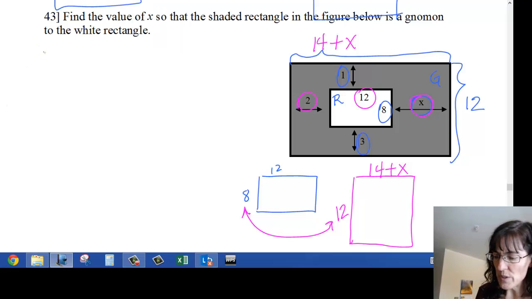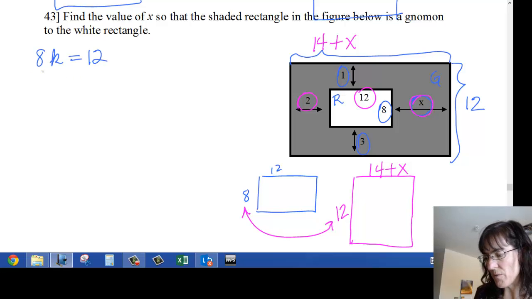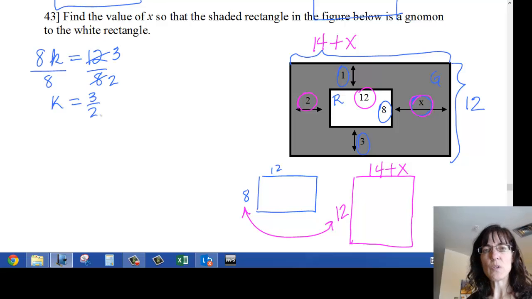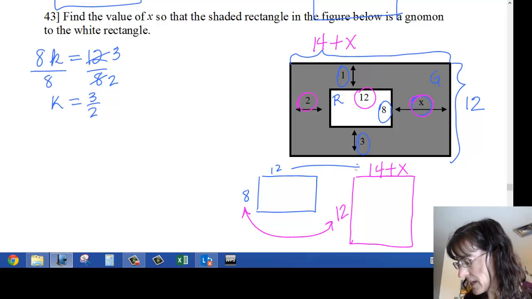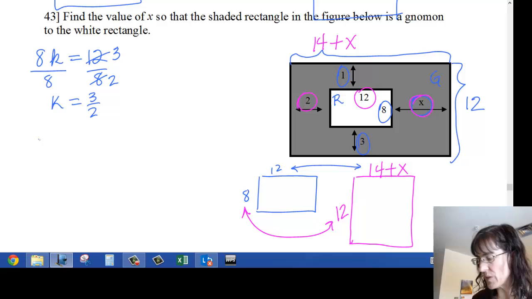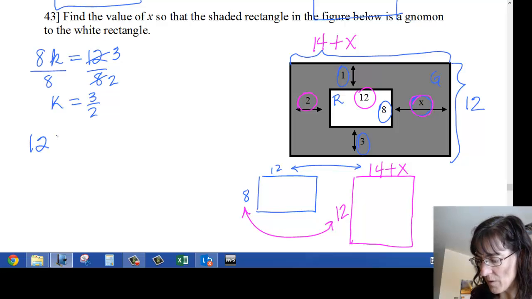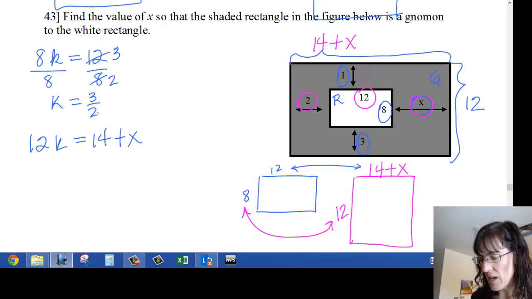So let me change my pen back and we'll see. First thing, I want to correspond 8 times some multiple gives me 12. And so if I divide both sides by 8, then my k is, let's see, I can divide by 4, and that'll give me 3 halves. So my k is 3 halves. So then when I correspond this last pair of sides, I have 12k equals 14 plus x, and my k is 3 halves, so I'm going to put that in.